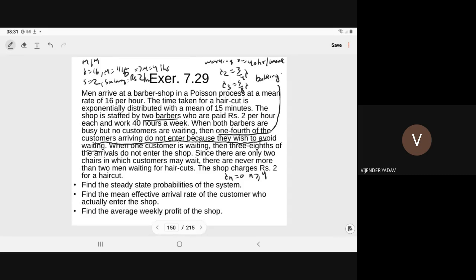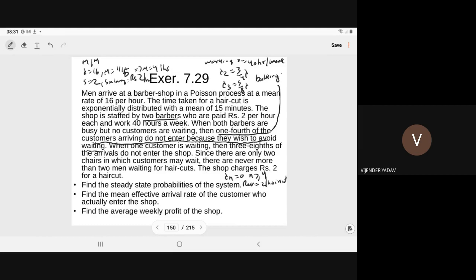The shop charges rupees 2 for a haircut, so revenue is 2 rupees per haircut. Find the steady state probabilities of the system. Find the mean effective arrival rate of the customers who actually enter the shop. Find the average weekly profit of the shop.